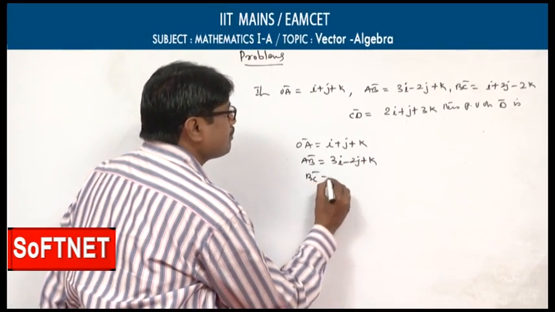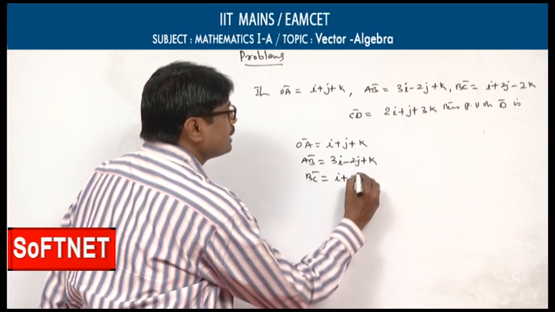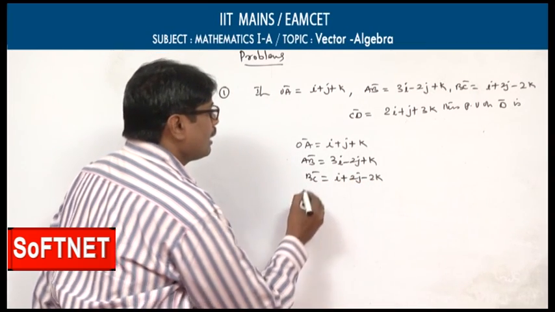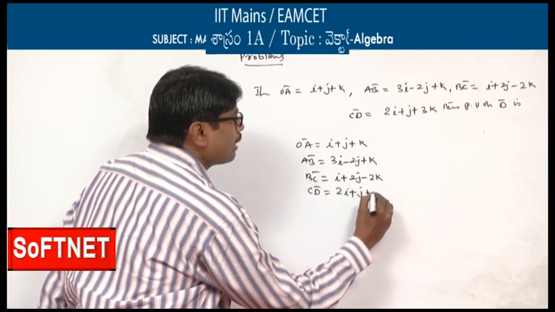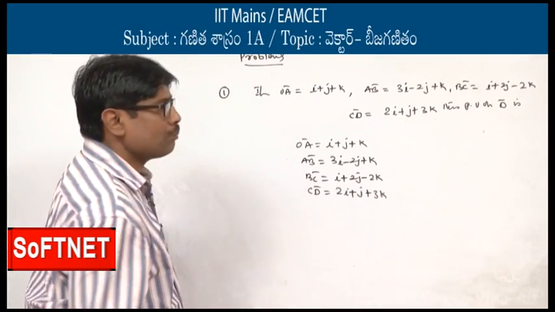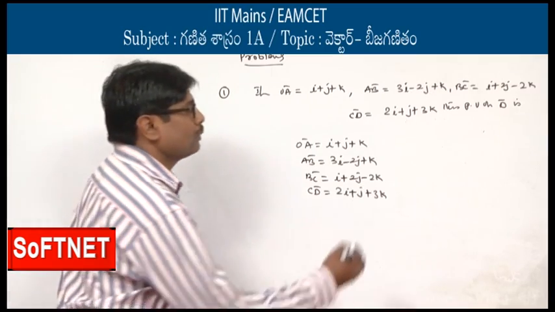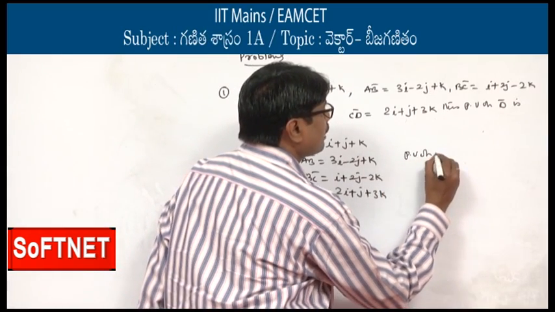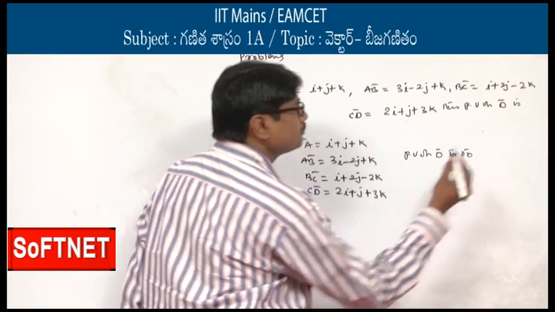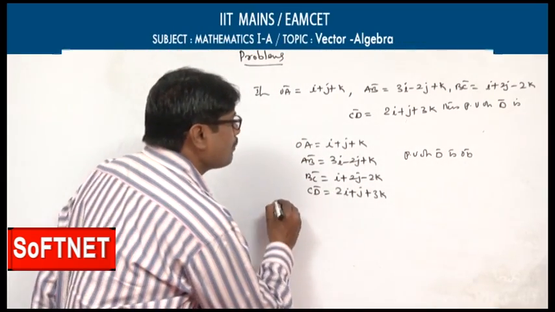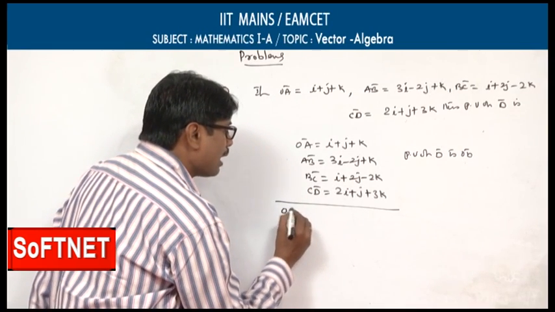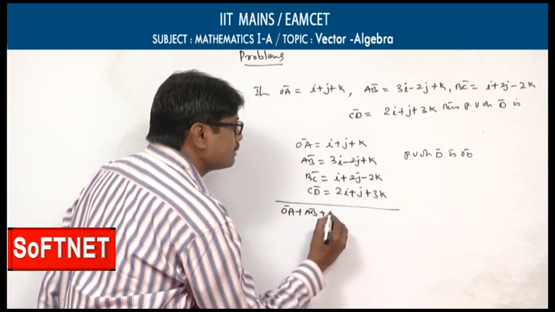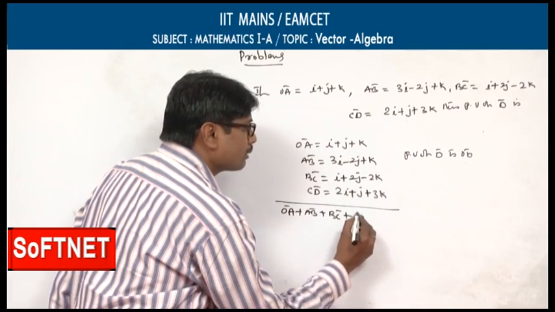BC bar is equal to I bar plus 2J bar minus 2K bar, and CD bar is equal to 2I bar plus J bar plus 3K bar. I want the position vector of D bar, which is OD bar. To get OD bar, from the connectivity of the points, it is OA bar plus AB bar plus BC bar plus CD bar.